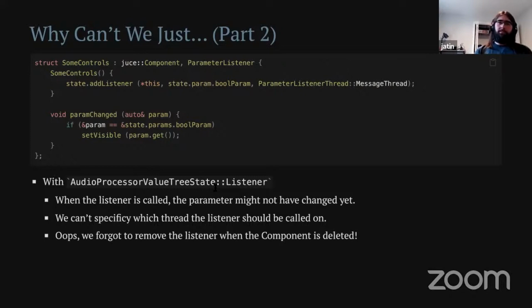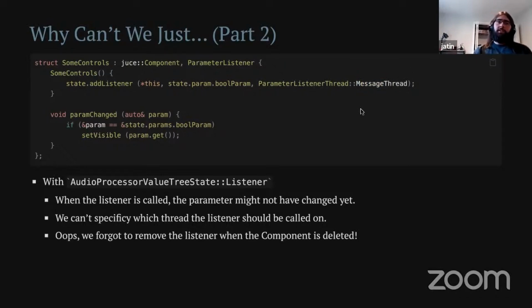So you have to have that extra field to make sure you're getting the most up-to-date value of the parameter. That's a little bit annoying, so maybe we'll see if we can work on that. Another problem with the ValueTreeState listener is we can't specify which thread the listener is going to be called on. That's a little bit annoying, but again, we'll see if we can work on that.